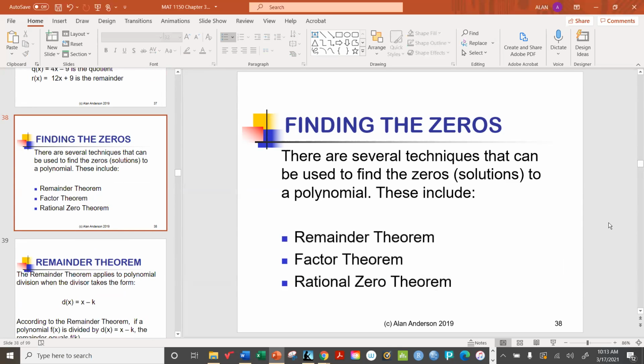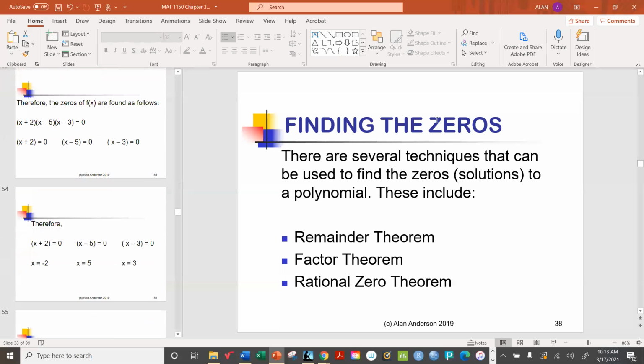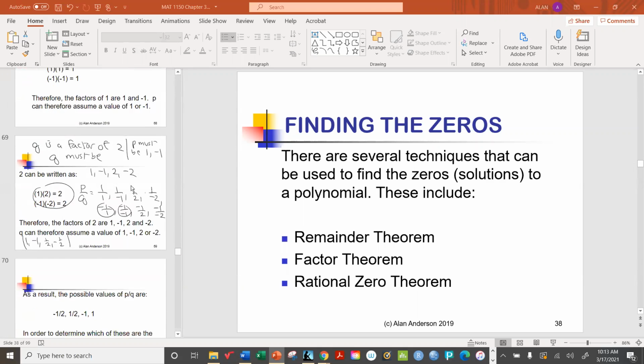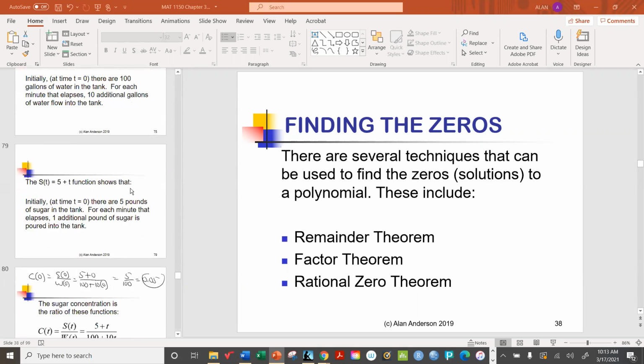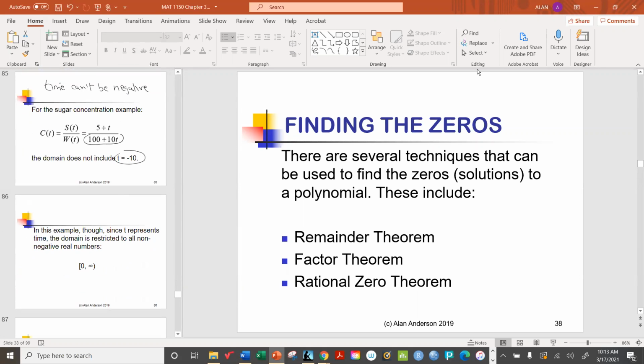So it's good to have seen them, but they won't be on the test. All right. So let's get back to this. So the rational functions, they're pretty straightforward. The domain normally, under normal conditions, would be everything except -10.